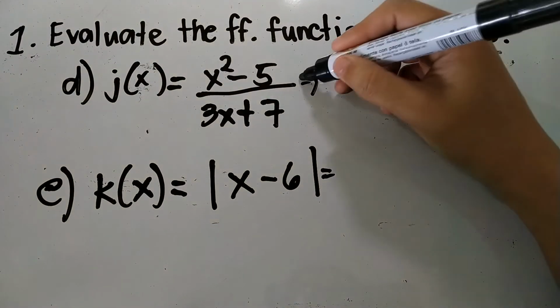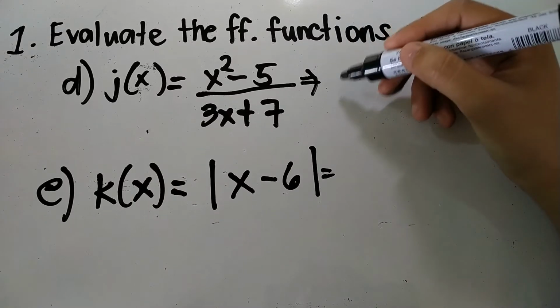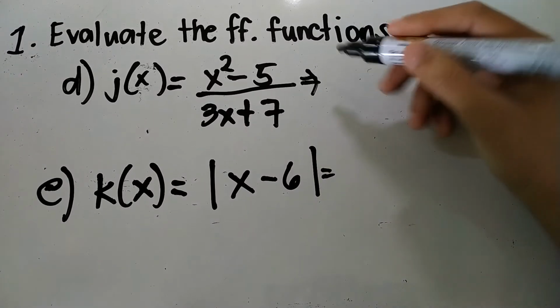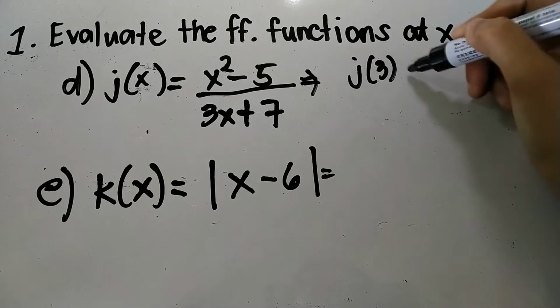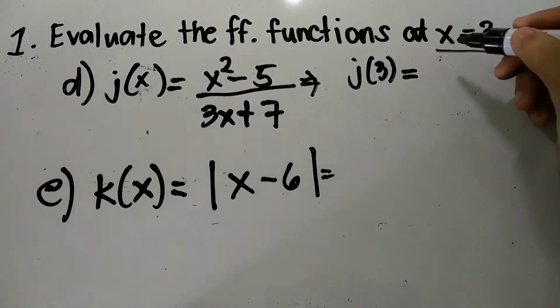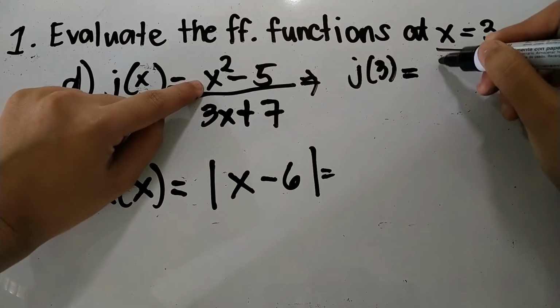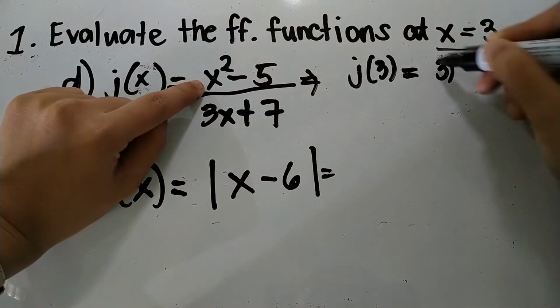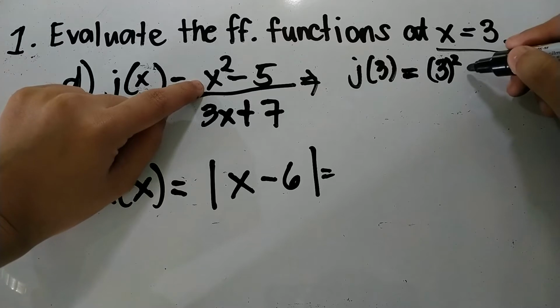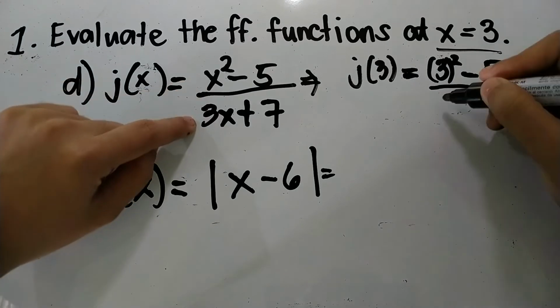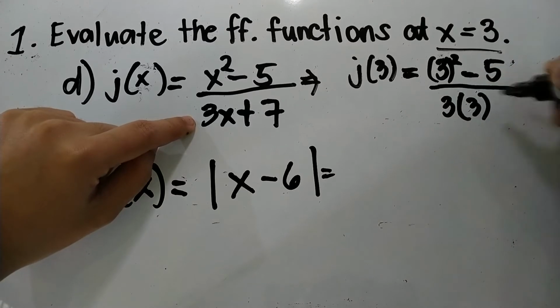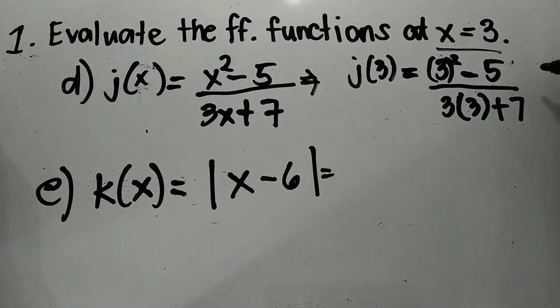Try lang ako, maglagay lang ako. This is an arrow ha, hindi pa to kasi hindi ko maibaba. There's no space pa. So let's have j of 3. Equal sign will be here. X squared, 3 squared. Pinalitan natin ng x ng 3 minus 5 divided by 3 times 3 plus 7.